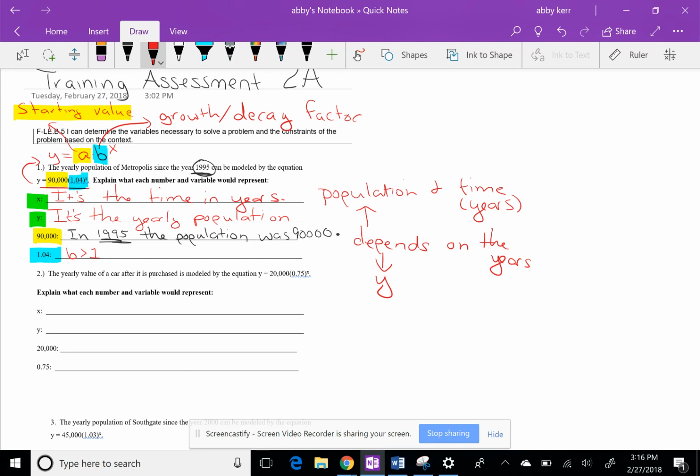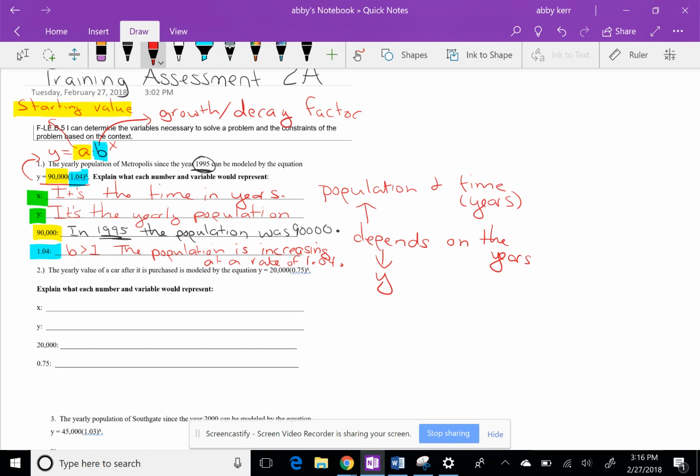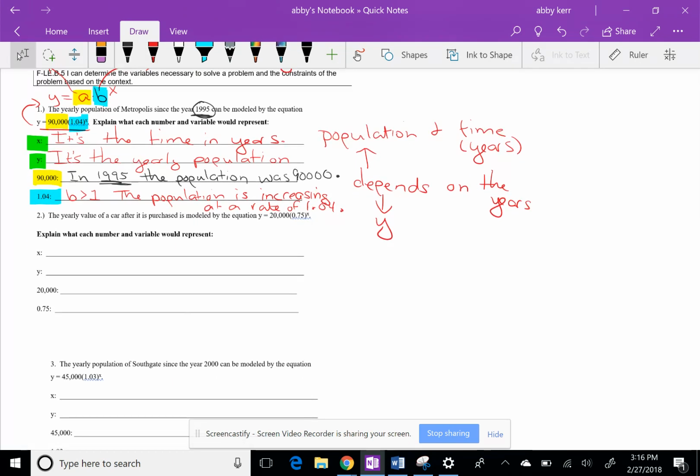So you want to write the population is increasing at a rate of 1.04. Now you could use the word increasing, you could use growing, you could say the growth factor is 1.04. But as long as you use the vocabulary words, we will be okay.